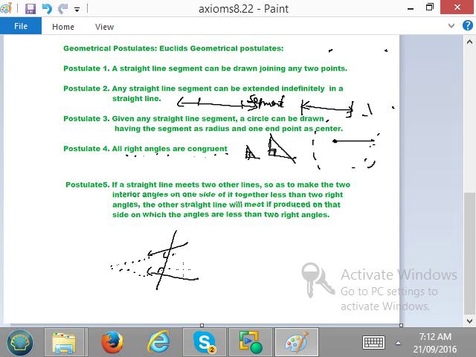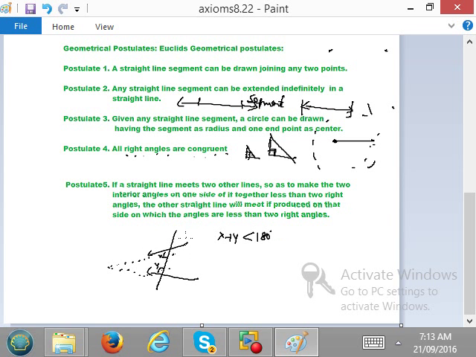If a straight line meets any other two lines so as to make two interior angles, and the interior angles are less than two right angles, what do we say? We will say this is X, this is Y. X plus Y is less than 180. Then if it is extended, it will meet if produced on that side on which the angles are lesser.